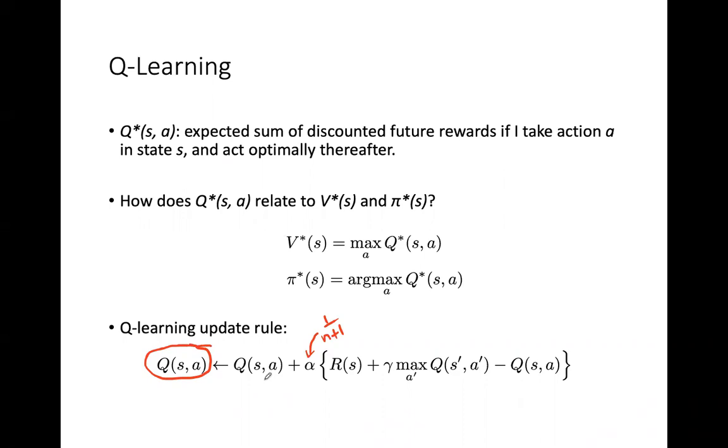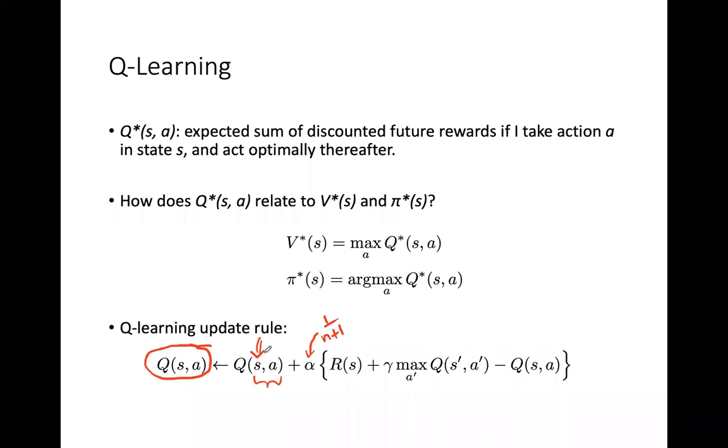Instead, I will just go into my environment and act as appropriate, and I will just update the entries for the actual state-action pairs I encounter along my trajectory. So I'm not forced to do things in a specific order. I'll just update the portions of my table that I actually encountered as I went through and acted in this world.